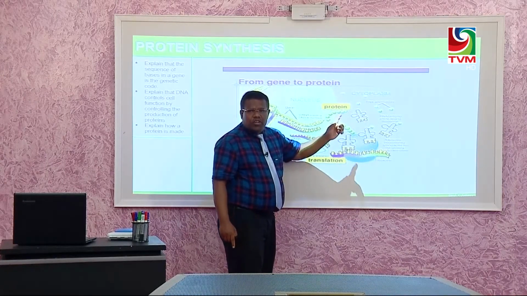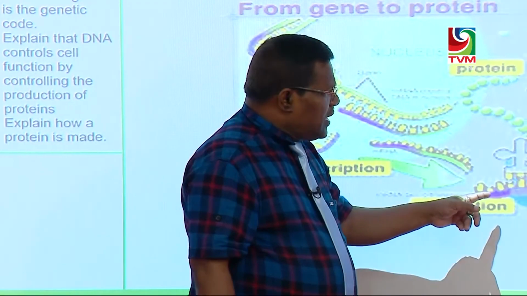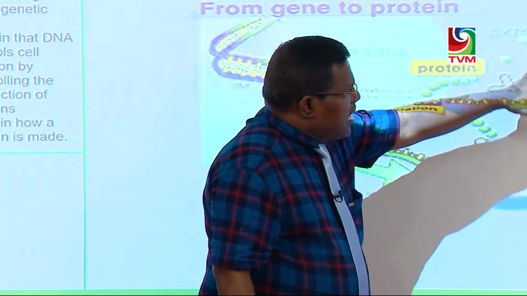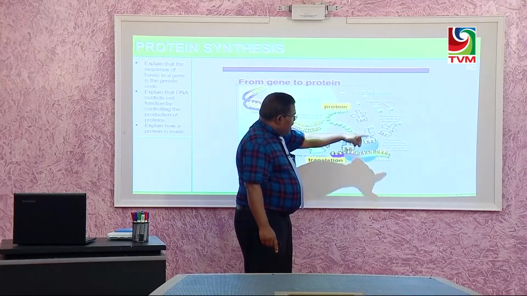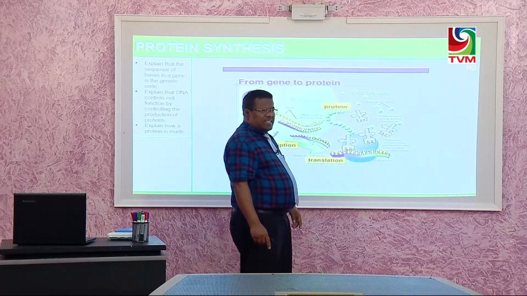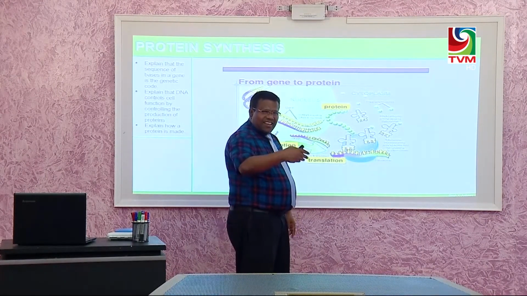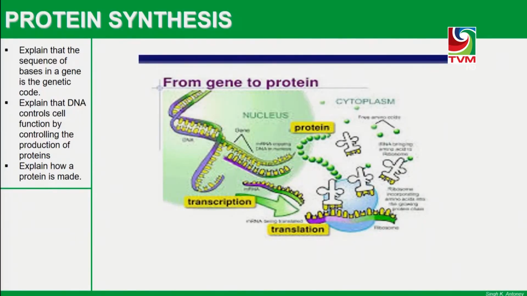They code for a particular amino acid, and based on that, the transfer RNAs are able to recognize them, and they are brought into this site, and the assemblage of the amino acids takes place to form a protein molecule, which we call the translation.